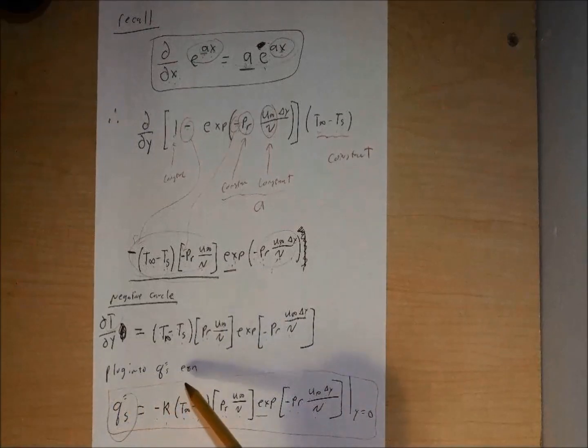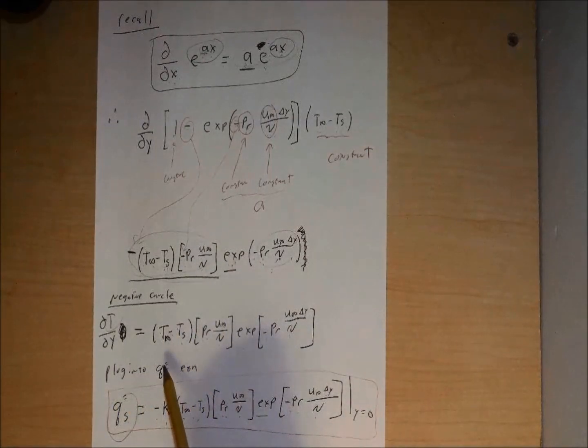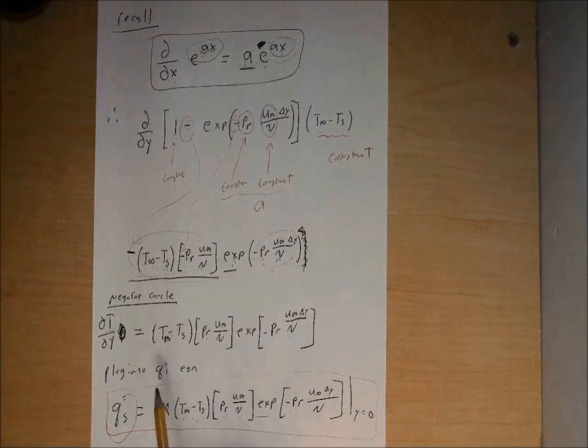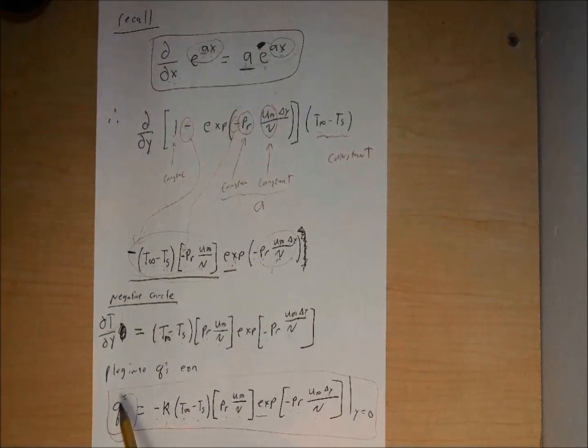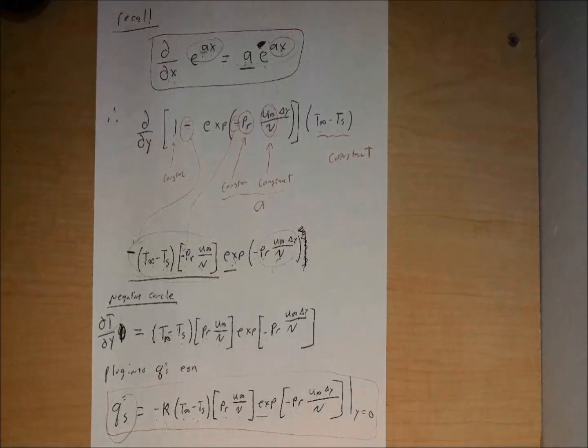Now that we have this in a form for the partial dT over dy, we can plug this back into our heat flux equation. If we do that, our heat flux equation, q sub s double dash, is equal to negative k times T infinity minus Ts times Pr times u infinity over v, all times e to the negative Pr u infinity delta y over v, evaluated when y is equal to 0.